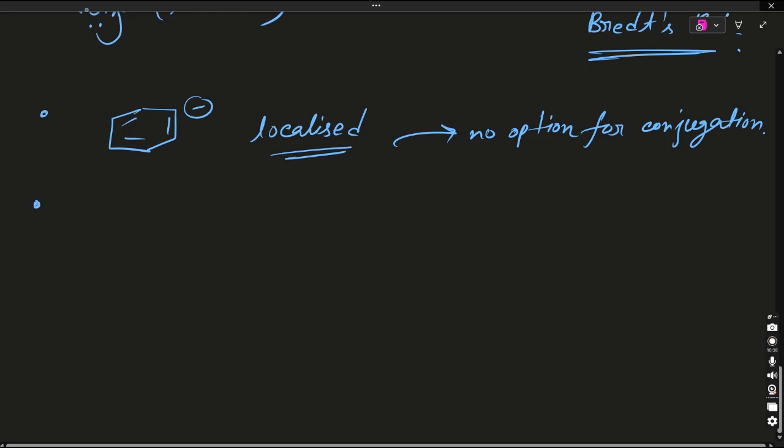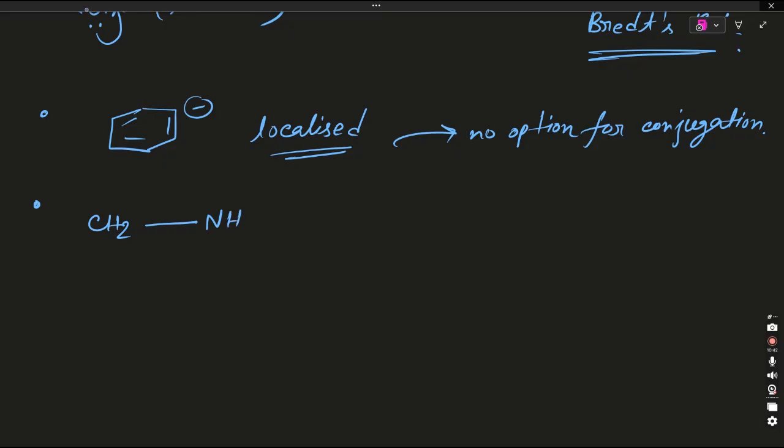Now the next example is this, CH2 minus NH plus. So here it is also localized. It is the most important exception actually. It is like the negative charge would be shifted here and neutralize the positive charge, but this will not happen.